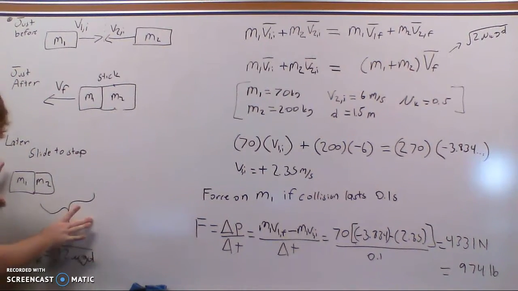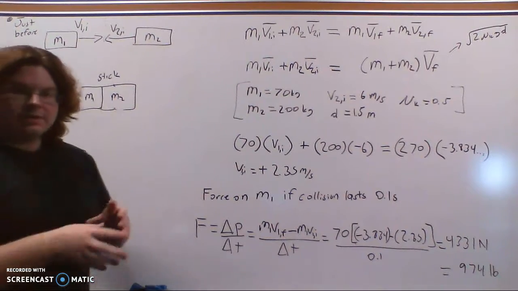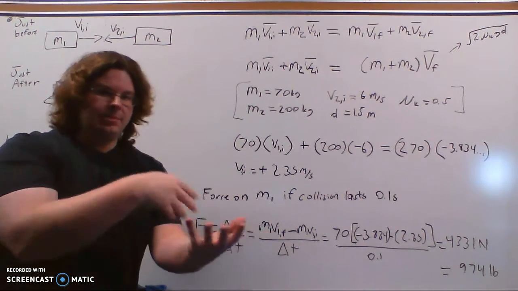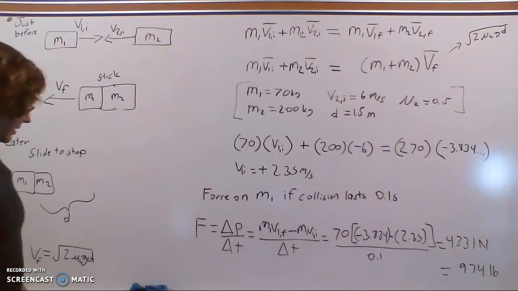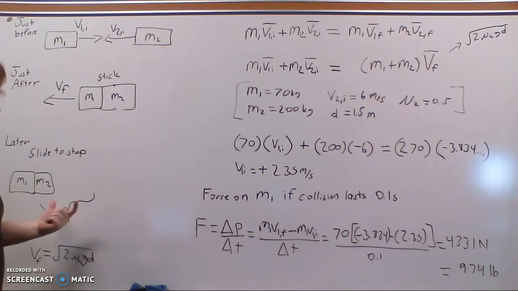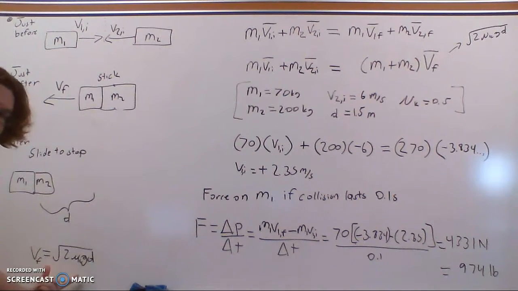The reason we'll use this piece of information is that if we know the frictional force the ground would apply against them sliding, and we know how far they travel, that's going to tell us how fast they were moving just after they collided in order for them to slide by a certain distance.